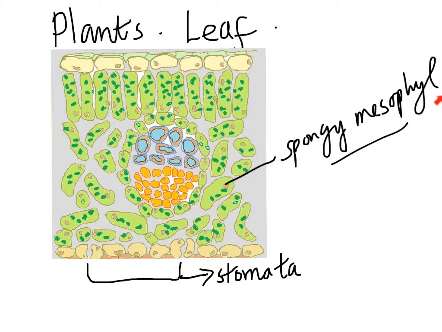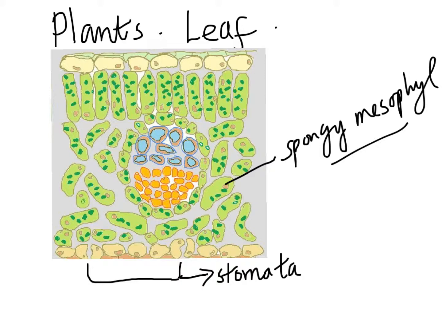Large surface area in the spongy mesophyll layer makes it possible for the gases to diffuse in and out, and then the stomata. So these two adaptations are really important when you consider a leaf. Let's consider other natural factors such as a windy day. What happens to the rate of transpiration on a windy day?